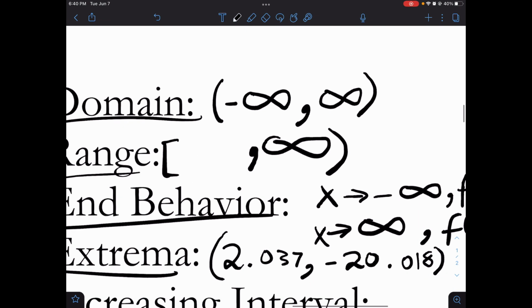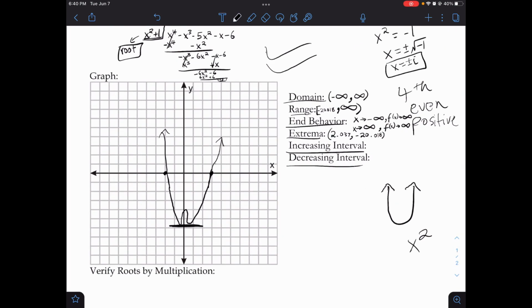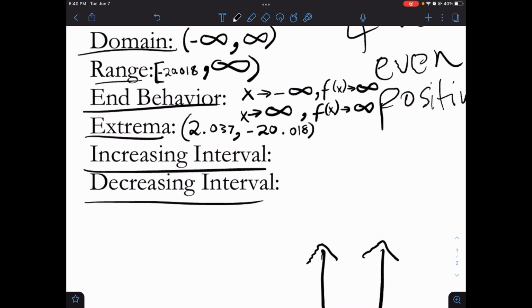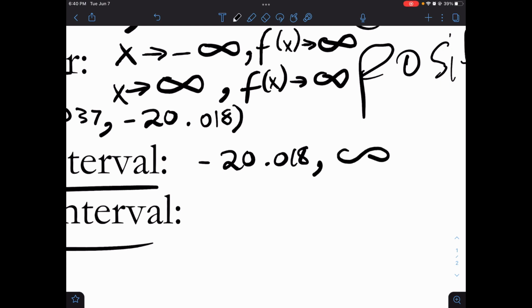So, bam, negative 20.018. Now our increasing intervals go from the extrema all the way to infinity. So negative 20.018 to infinity.